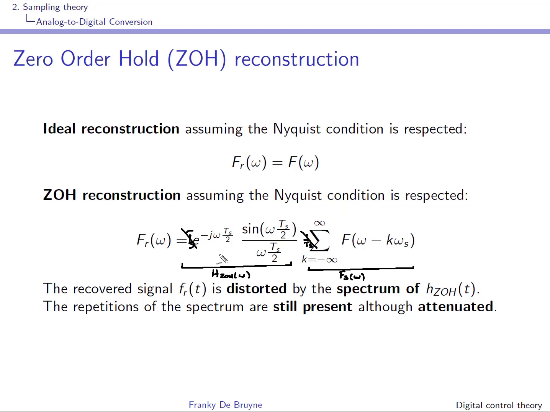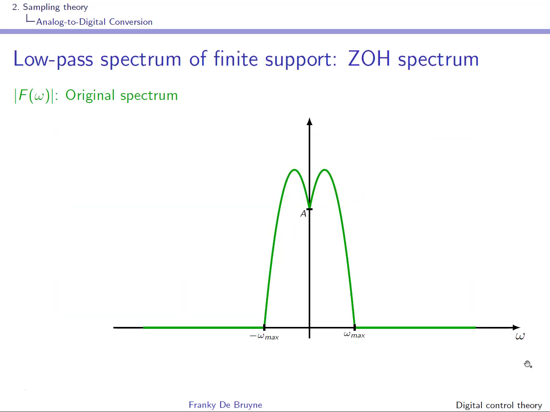What we'll do now is visualize this using the amplitude spectrum. So here we reconstruct the spectrum of the ZOH reconstructed signal step by step, and we start with the spectrum of the original signal that is sampled, and here it's the amplitude spectrum, as you can see.